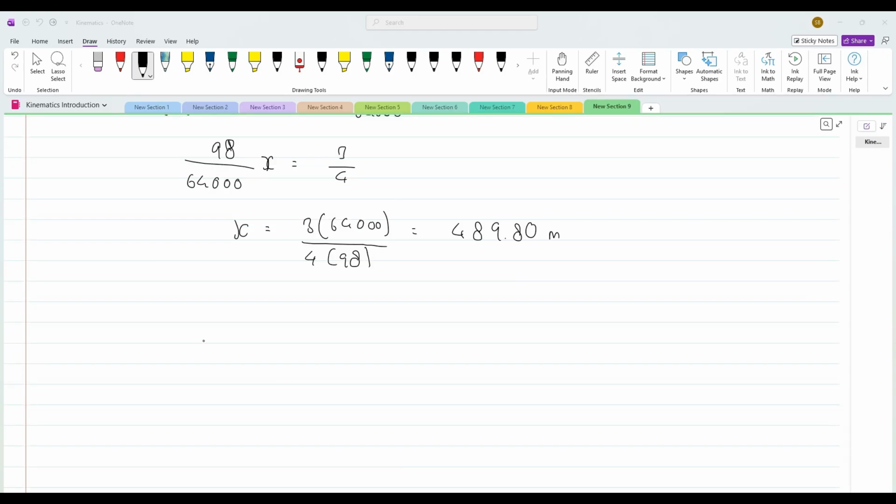So now all we do is plug this back into the original equation.